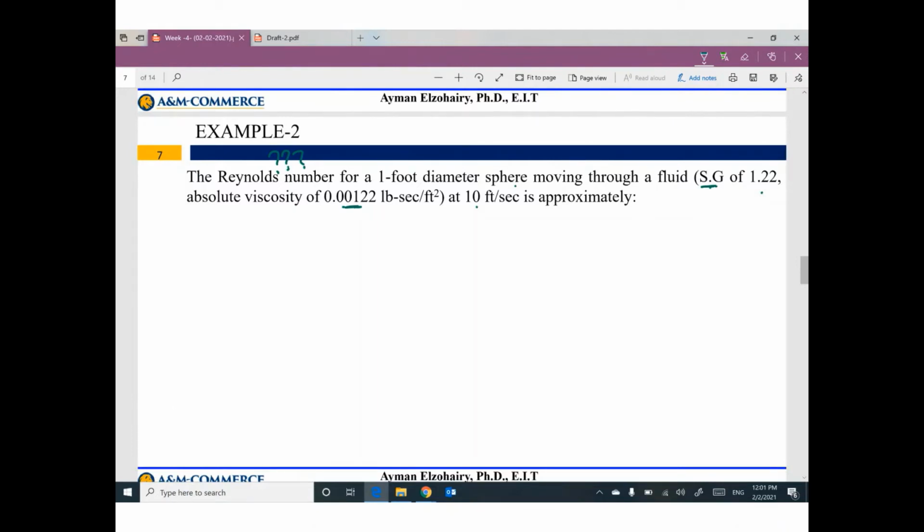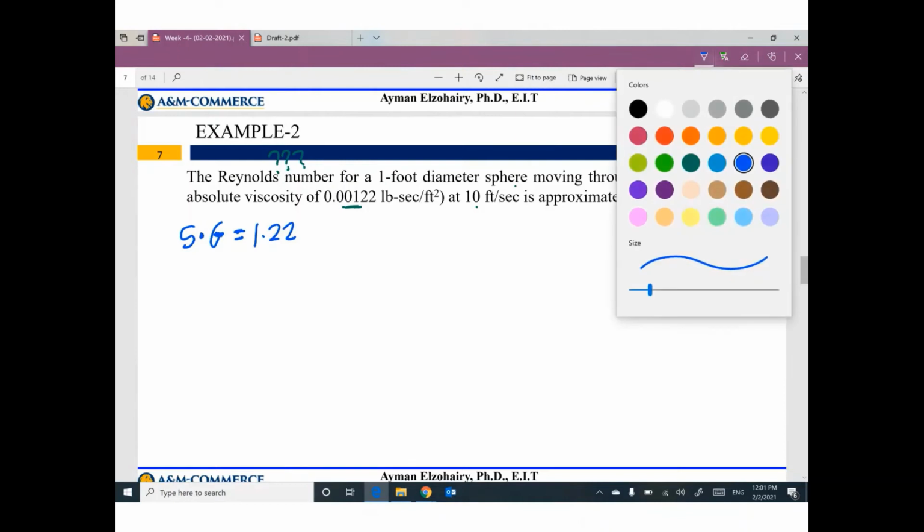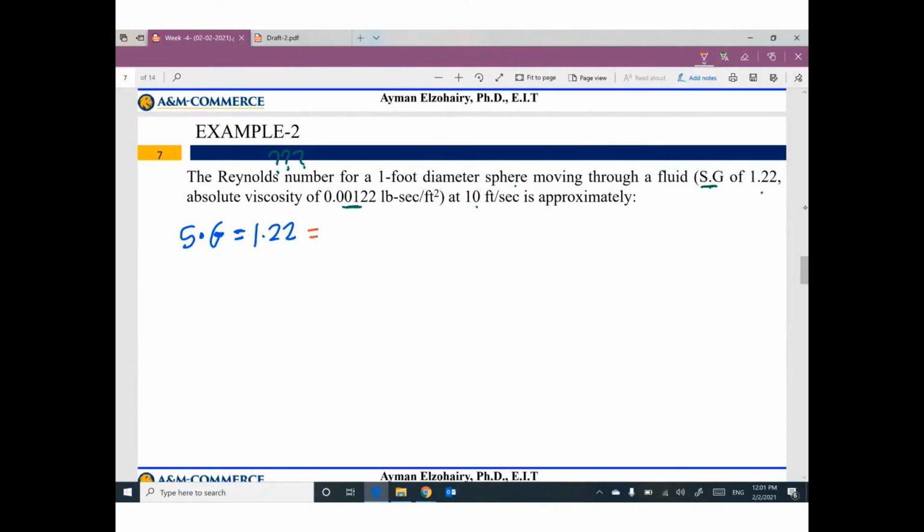One by one. Guys, specific gravity. What does it mean? Equal 1.22. Specific gravity for any fluid equals gamma for this fluid divided by gamma water.